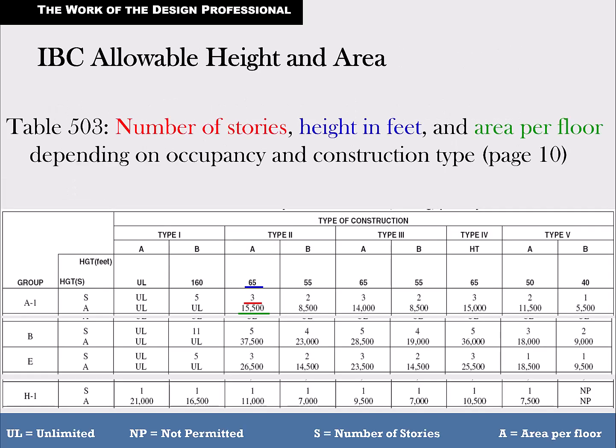One of those things is that you have number of stories, height in feet, and area per floor, and when you start using sprinkler systems for fire retardants, to snuff out fires, you're allowed to have more square feet per floor. In many cases they don't require sprinklers in buildings, but if you want to make your building bigger, then you are required to, and so it's one of the ways they deal with this.